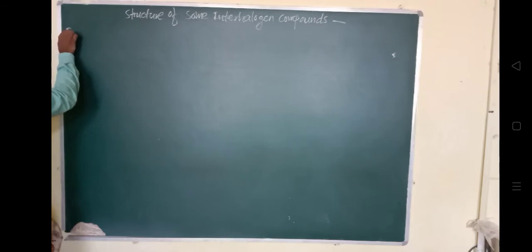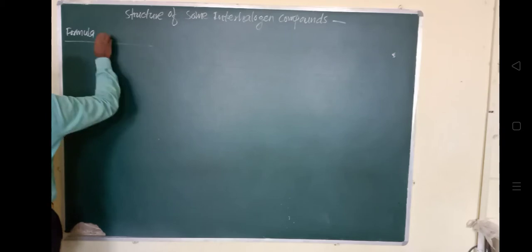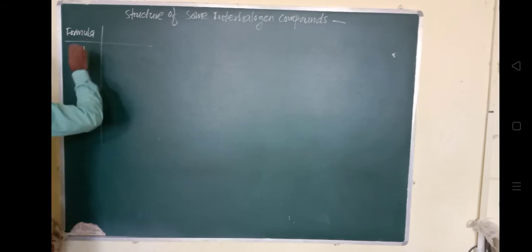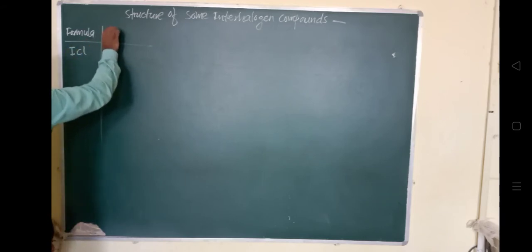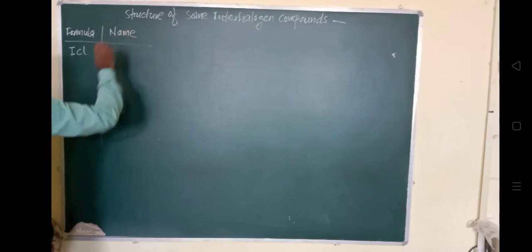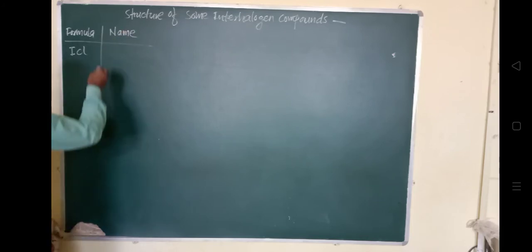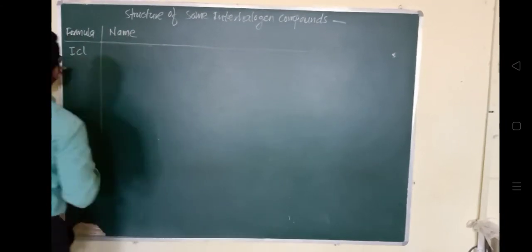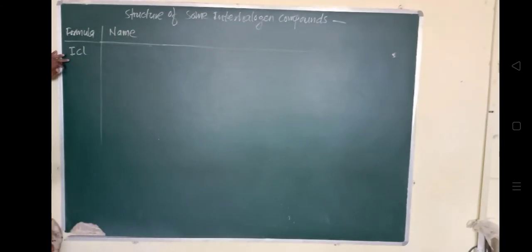First iodine, then monochloride. Actually, this is of X dash type, where X is more electropositive and bigger in size. अगर आप दोनों को देखोगे तो उनमें से साइज में कौन ज्यादा है? Iodine is bigger in size and more electropositive as compared with chlorine, chlorine being more electronegative and smaller in size.